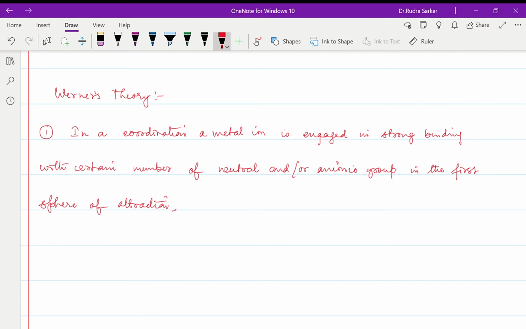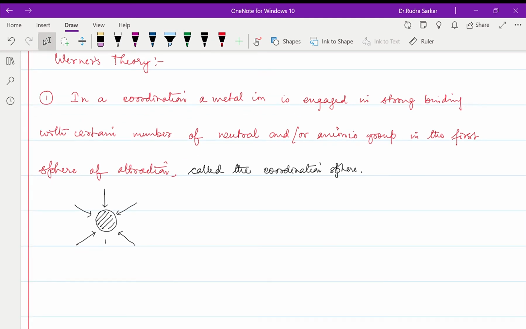And this we will call the coordination sphere. That means if you have a metal ion like this, suppose, then it is joined or engaged to neutral or anionic groups.